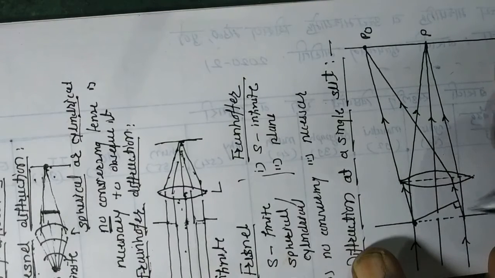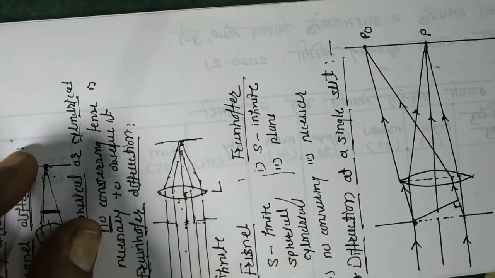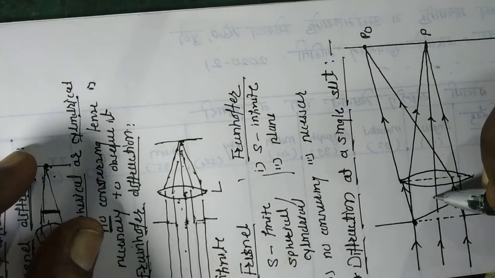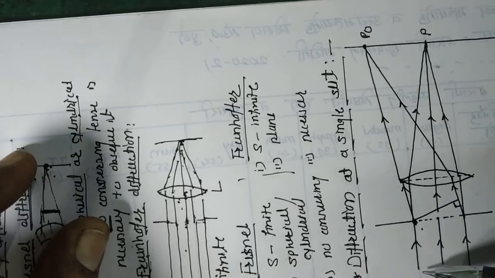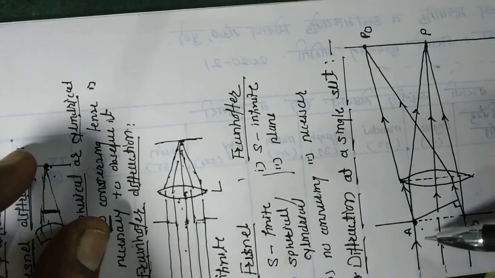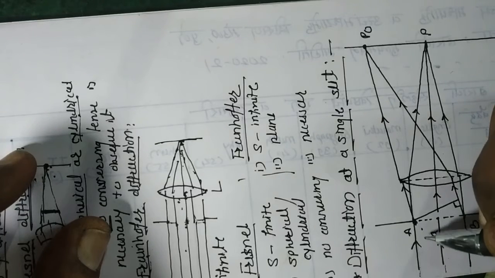Diagram. See here. Consider a parallel beam of monochromatic light of wavelength lambda normally incident on a narrow slit AB of width a.